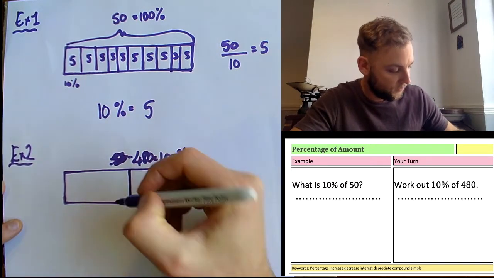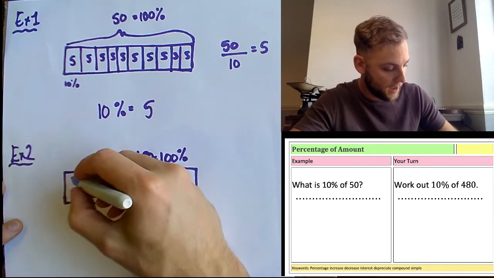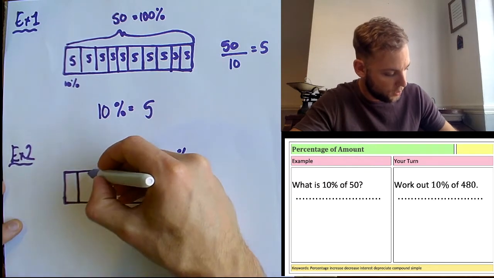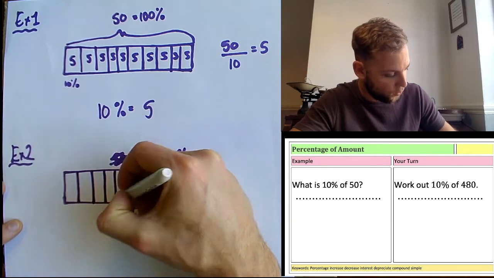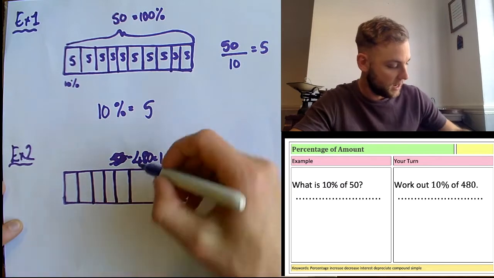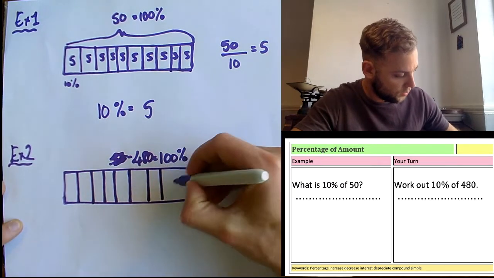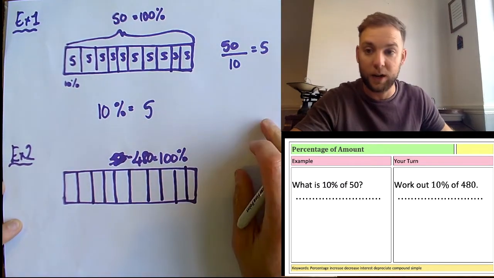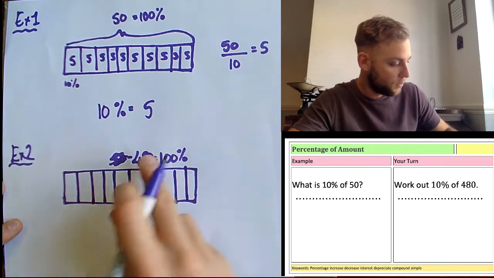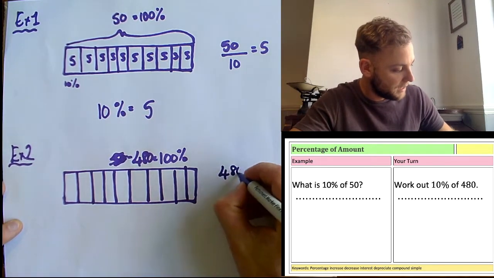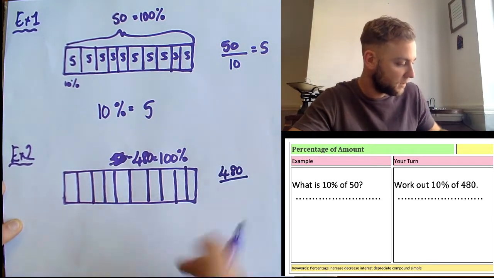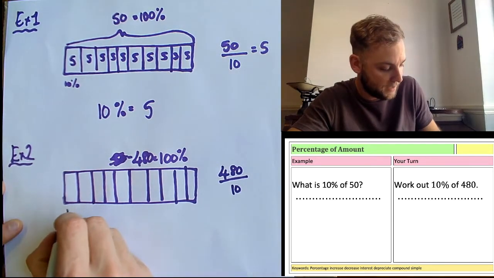So I split it into 50% first, and then I need 4 lines in here. So 1, 2, 3, 4. 4 lines give me 5 parts. And in this one, 1, 2, 3, 4. Brilliant. So I'm doing 480 divided by the amount of parts, which is 10, which gives me 10% for each one.